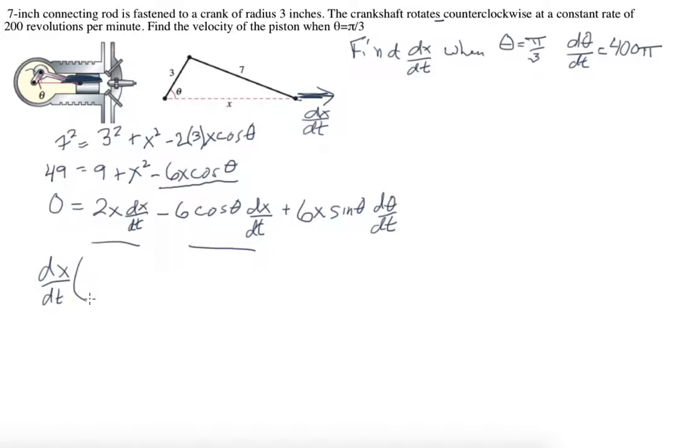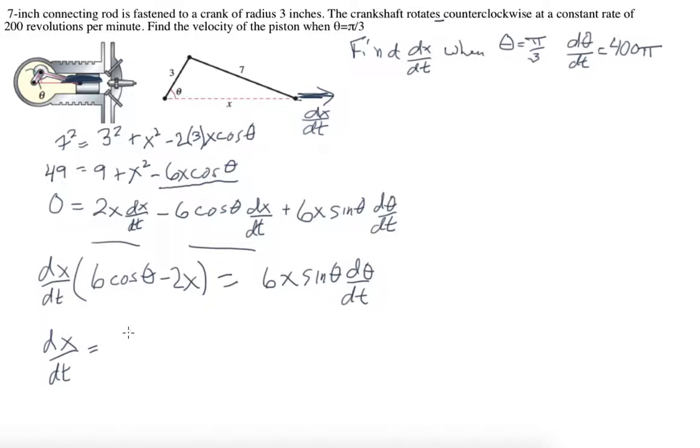We'll get dx/dt times (6 cosine theta minus 2x) will equal 6x sine theta dθ/dt. And so dx/dt equals 6x sine theta dθ/dt all over 6 cosine theta minus 2x.